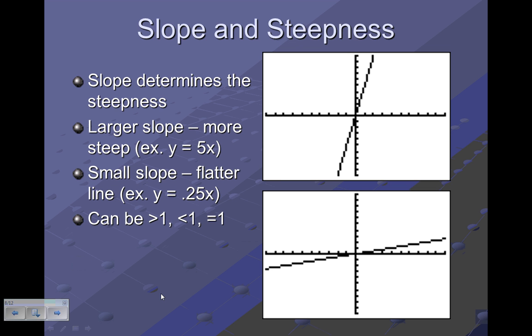Now, when you're talking about steepness, okay, if you look here, this line goes up. This is a positive slope, and it's really, really steep. Okay, the larger your coefficient is, the larger your number is. The coefficient and the slope is the same thing. The larger your slope, the steeper the line. And if it's a small slope, see how this is almost flat?